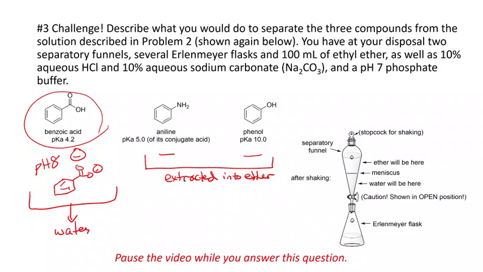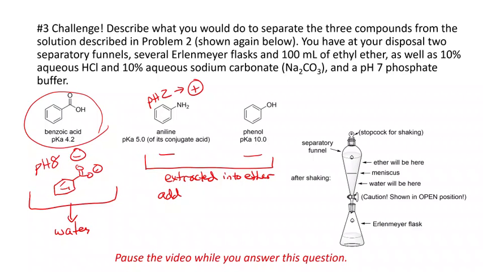Okay, now if we did a second pass, what we could do is add a solution which would pull one of these 2 compounds into it. And with a pKa of 5 for aniline, what do we know? Well, if we go to a pH of 2, then that will protonate this species and we'll get the plus charged aniline.